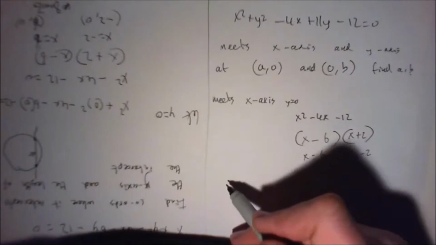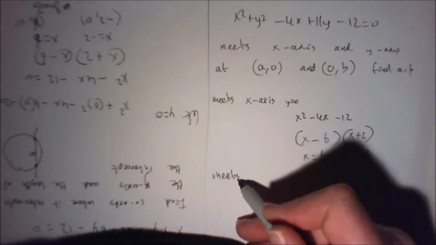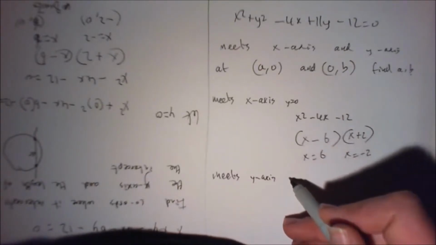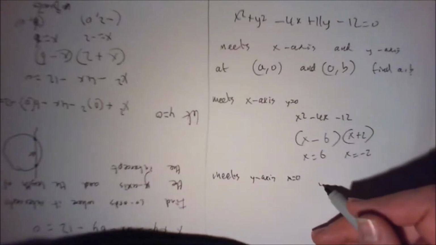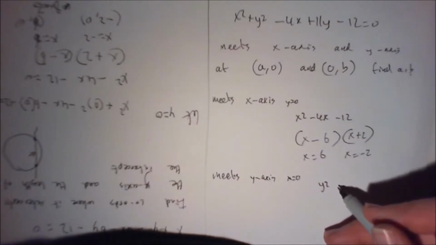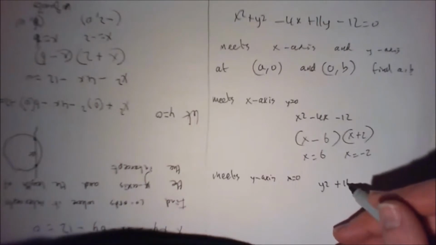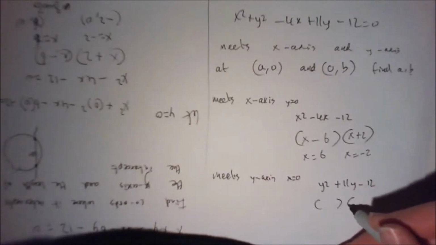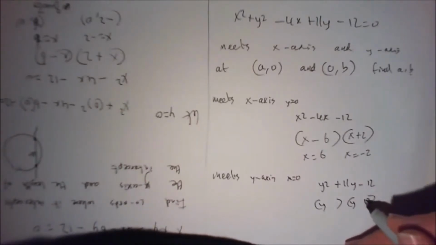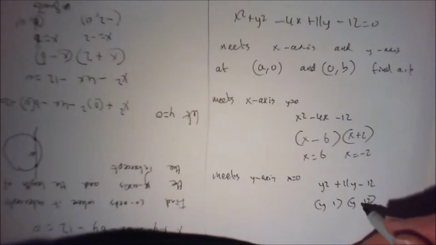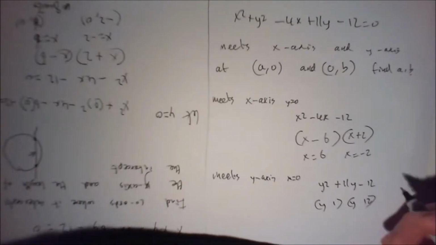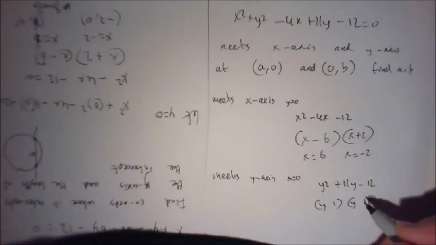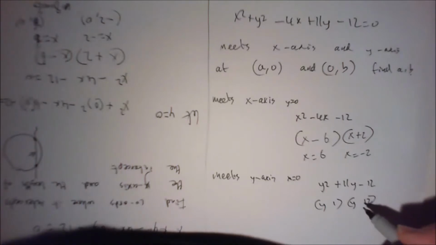Okay, meets the y-axis. X is equal to 0. So that's going to be y squared plus 11y minus 12.